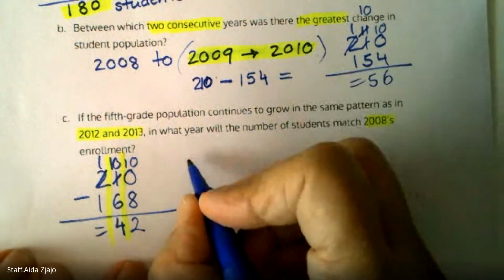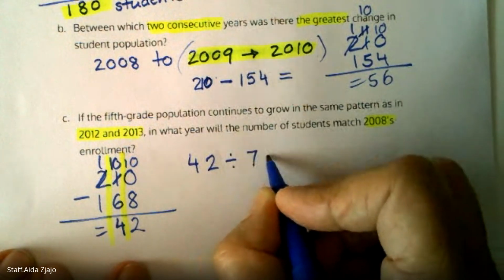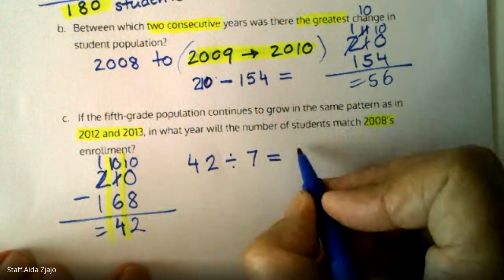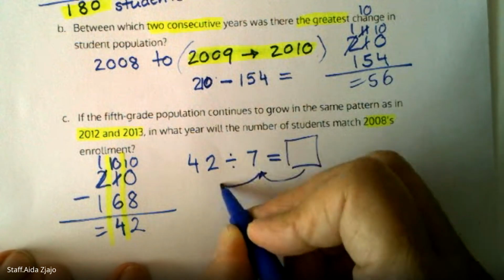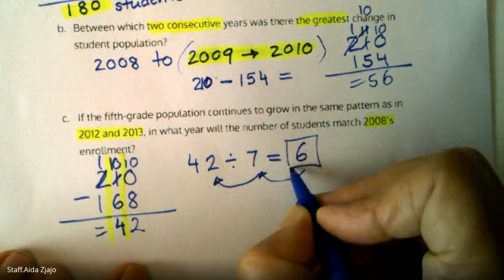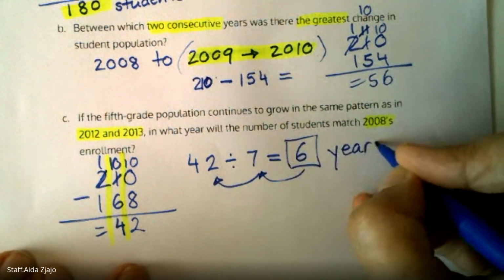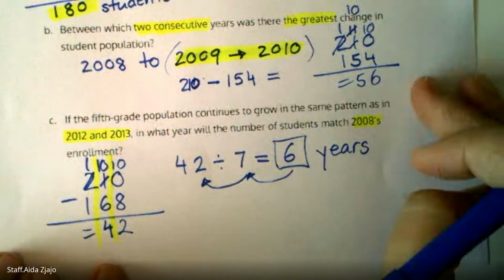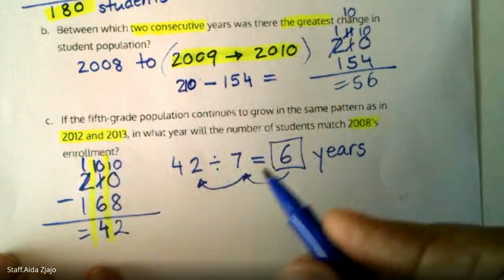So now we know if we divide 42 in groups of 7, we will have what number times 7 equals 42. So 6. It will take 6 years to go back to the 2008 enrollment.